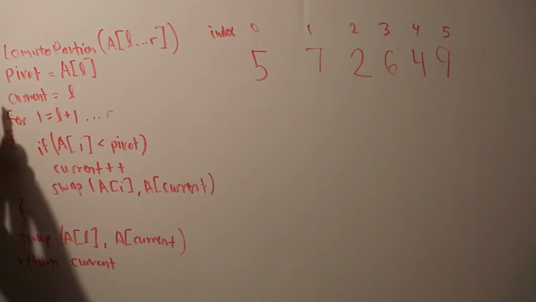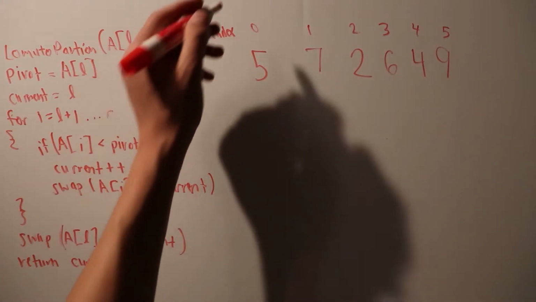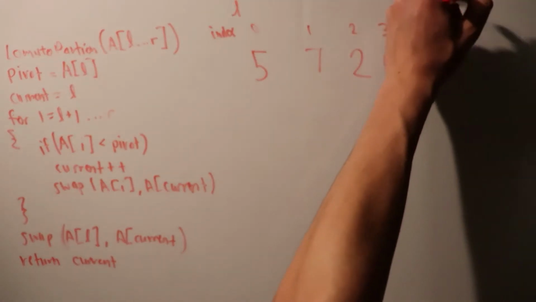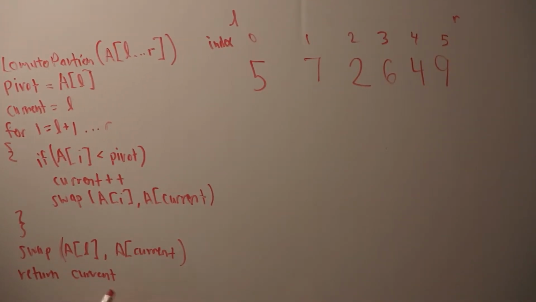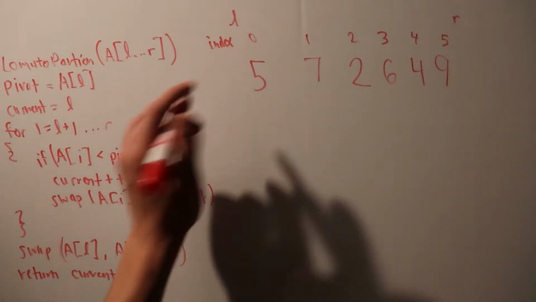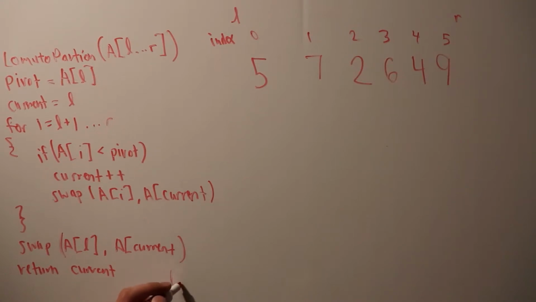How does this work? First, let's establish what our pivot is. Our pivot would be A at L. What is L? This is the left, and this is the right. L is the 0 position, so that would be here.